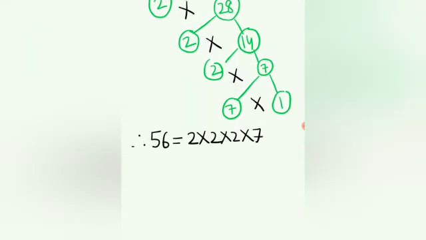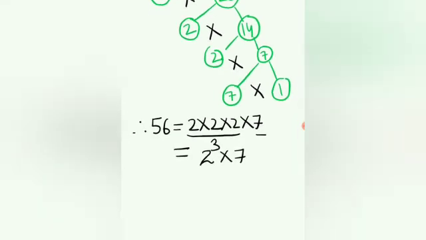And if you want to write this in exponential notation, there are 3 twos, so we write 2 raised to the power 3 into 7. 7 is only 1 and 2 is 3 times, so we write base 2 and power 3. So this is one part.